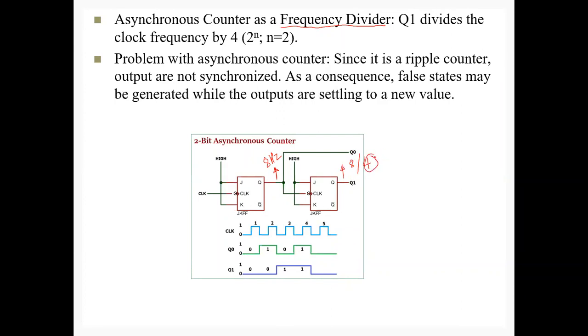This 4 coming from 2 to the n again. So 8 divided by 2 to the n, where n is number of counters. So 2 to the 2, 8 divided by 4 equals 2. So if you have frequency 8 here, then you'll get the frequency here equals 2.